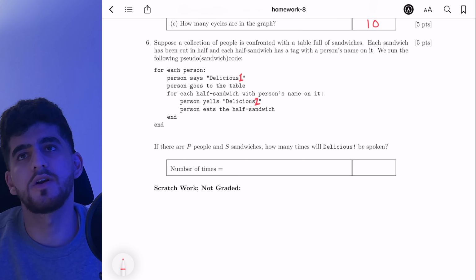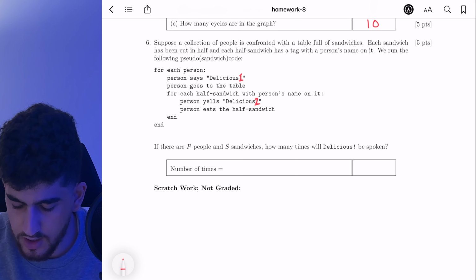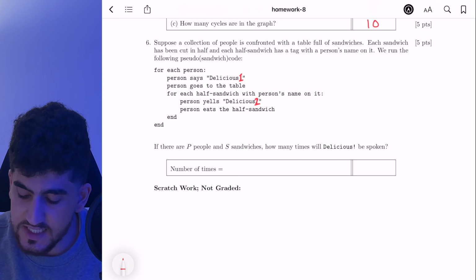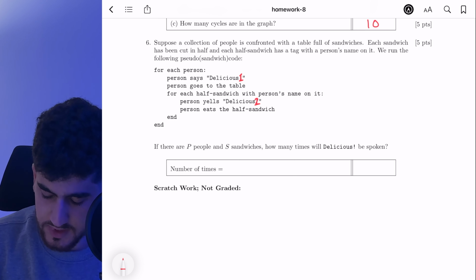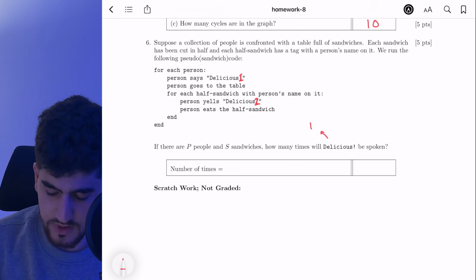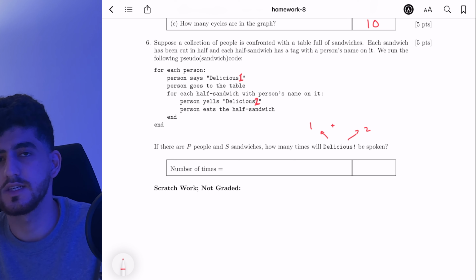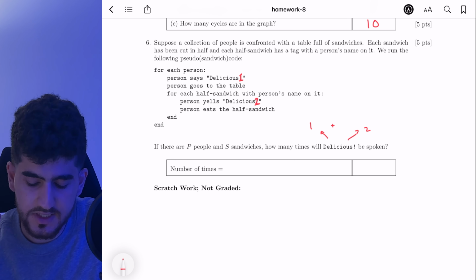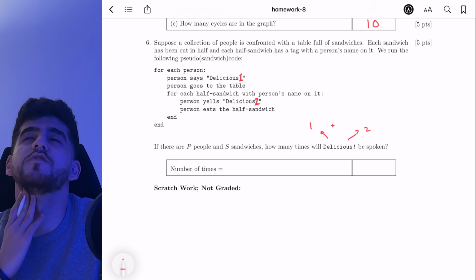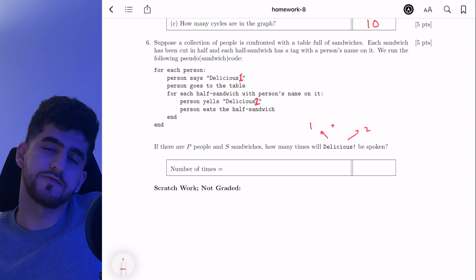Okay, the number of times that we hear delicious, how many times will delicious be spoken? So this question is how many times delicious 1 will be spoken plus how many times delicious 2 will be spoken, right? So the first thing that really helps us to see what is going on is to find out that there are 2 types of delicious.